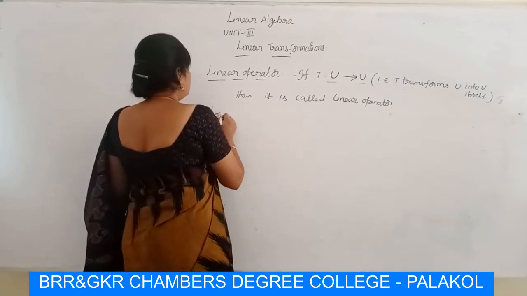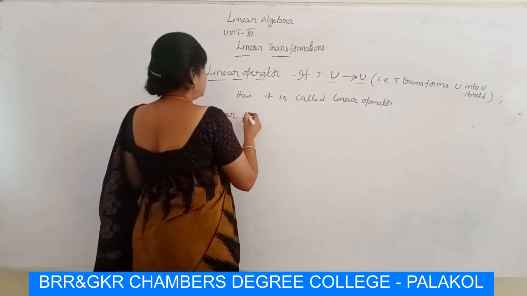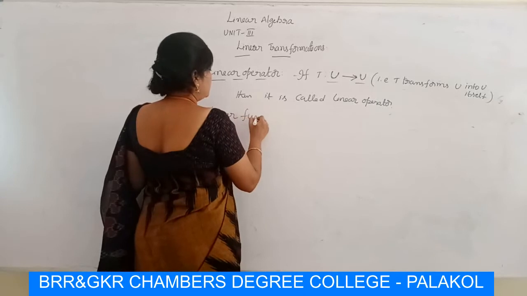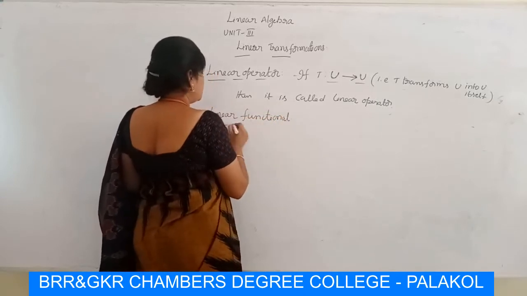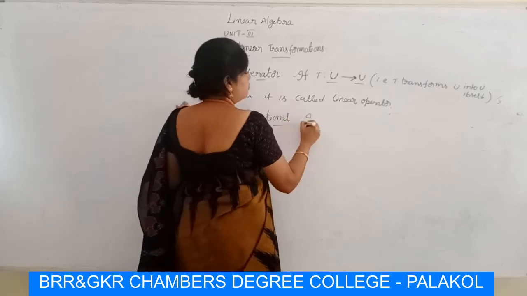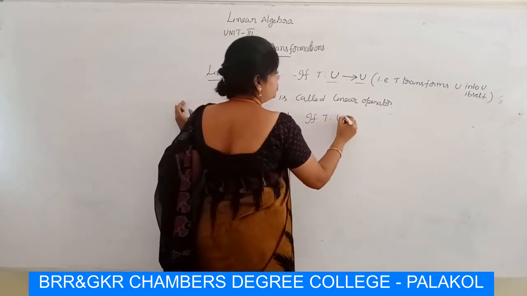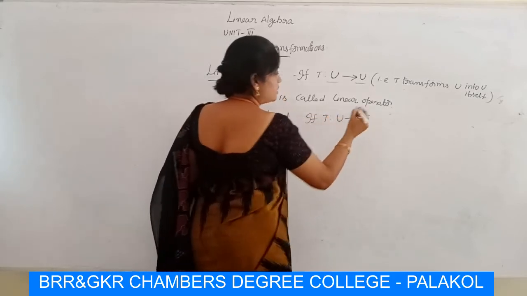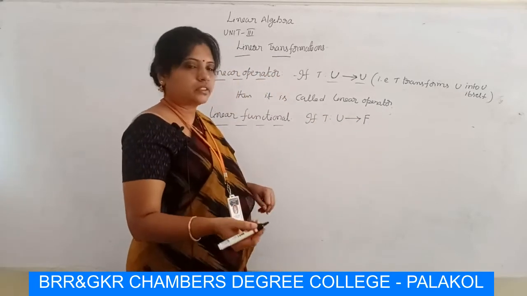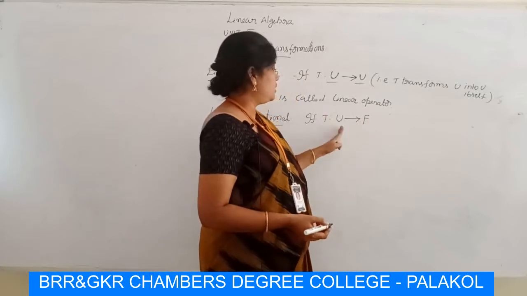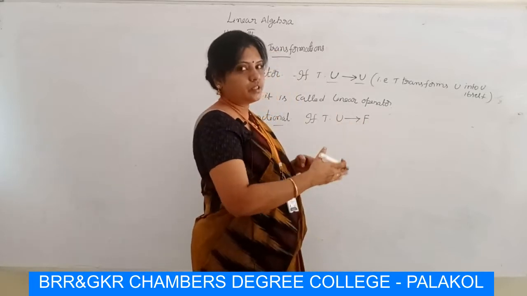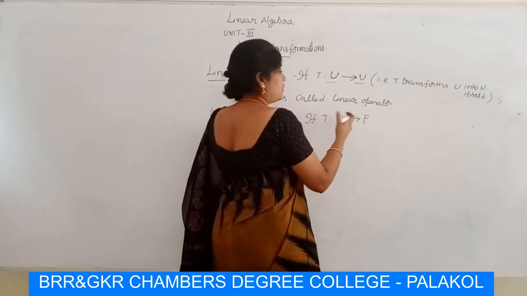And one more definition is linear functional. That is, if T maps U to F, here F is the field of scalars. It is a field, and U is a vector space. Vector space to field defines the mapping.